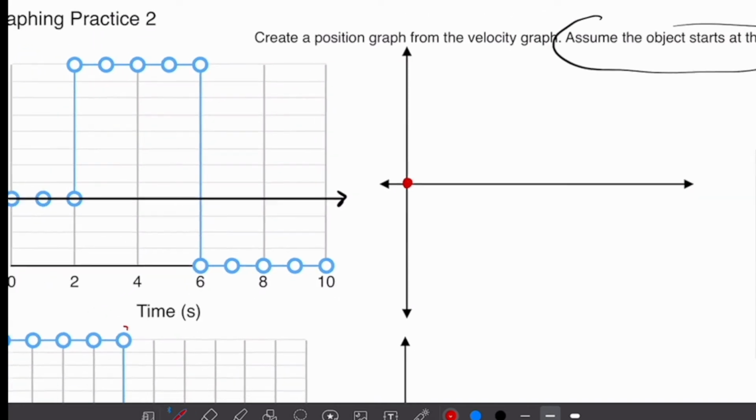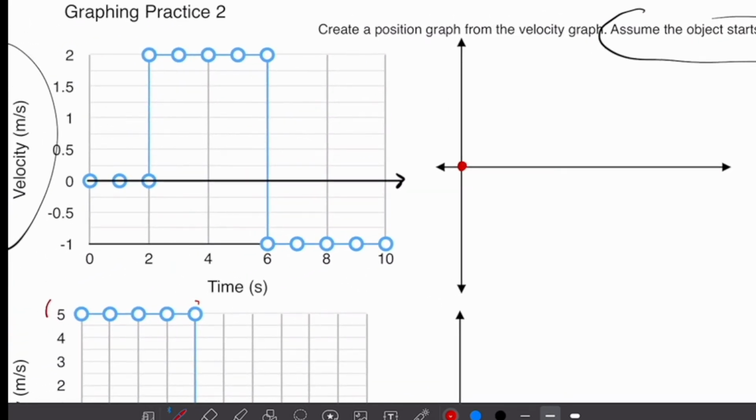Just like before, when you were making the velocity graph from the position graph, here we're making a position graph from a velocity graph, but they still are capturing the same event. This event took 10 seconds, so this graph should go to 10.